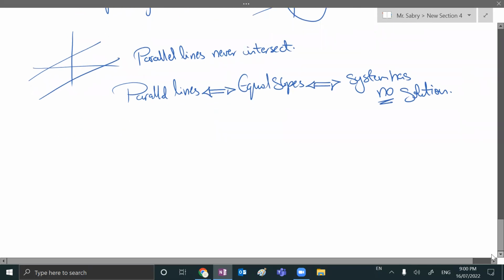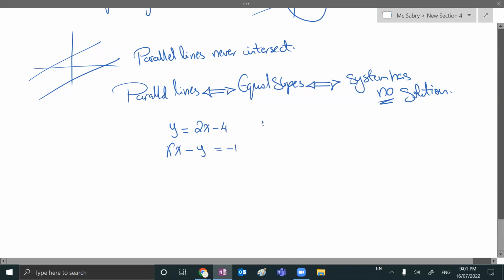So I'll give you an example. Let's say there's this line, y equals 2x minus 4, and there's another line that has the equation kx minus y equals negative 1.